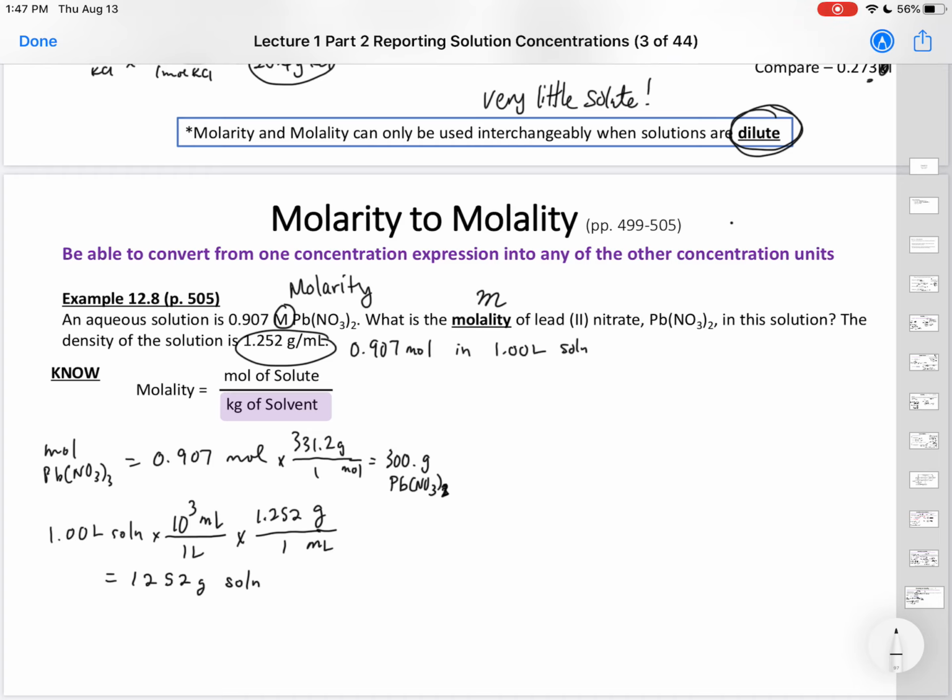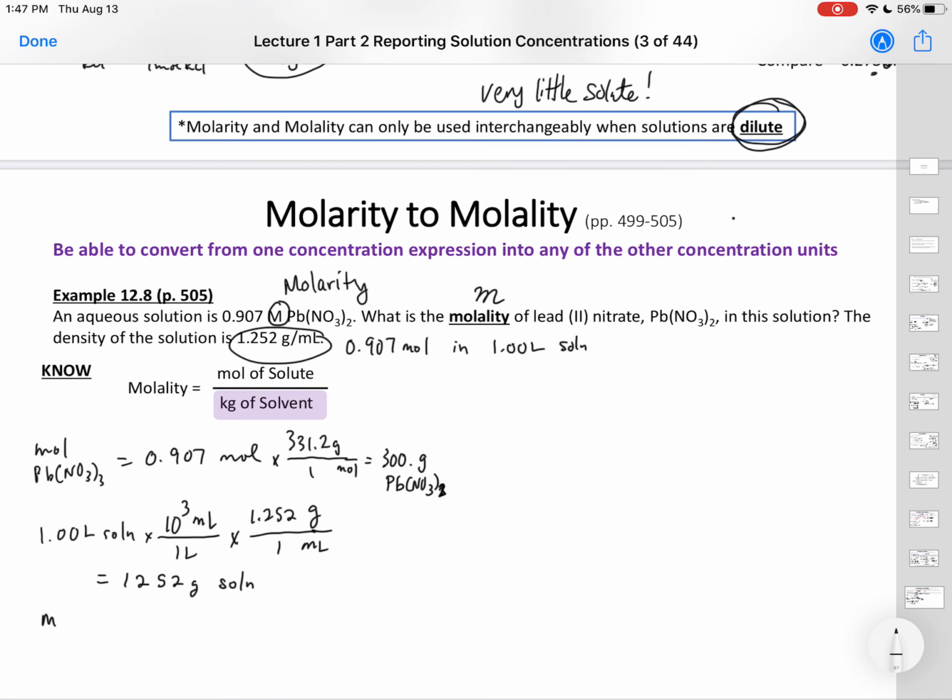So to find the mass of the water, it really is the mass of the solution minus the mass of the lead nitrate. This comes out to, I'm going to write it here, 952 grams of the water.